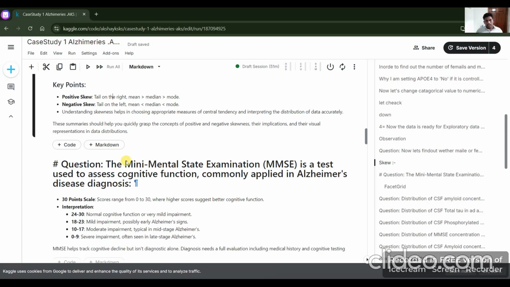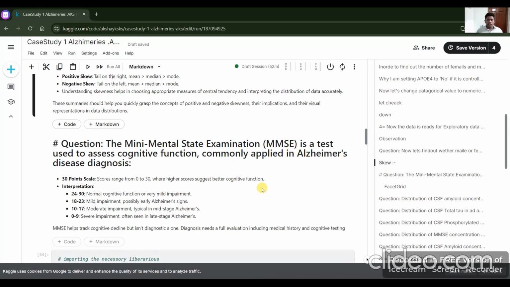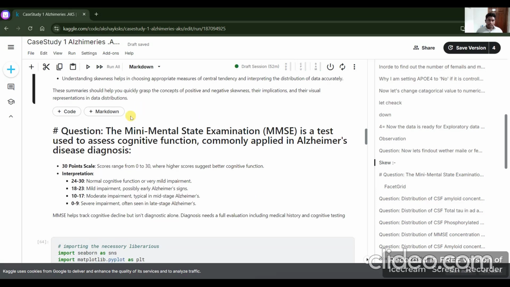Next question. The Mini-Mental State Examination, MMSE, is a test used to assess cognitive function, commonly applied in Alzheimer's disease diagnostics. It is a 30-point scale, with scores ranging from 0 to 30, where higher scores suggest better cognitive function.